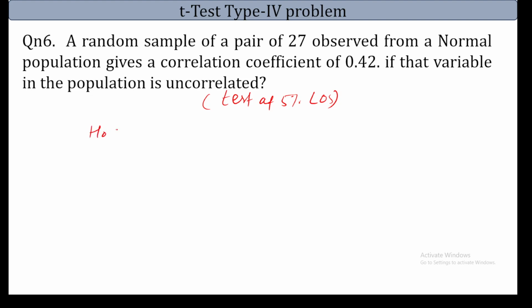H0 will be rho equal to 0, H1 will be rho not equal to 0. The correlation coefficient is already given as 0.42, and n is 27.